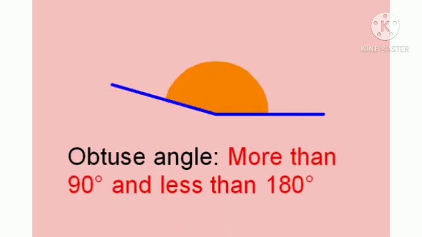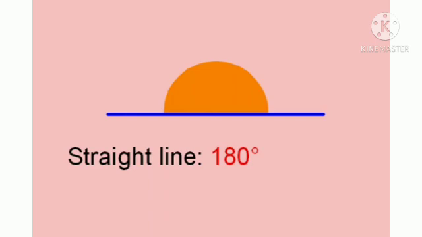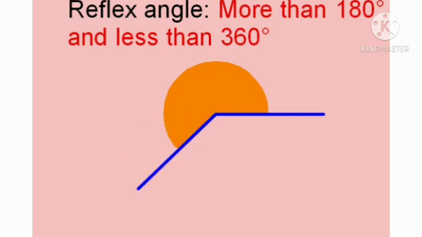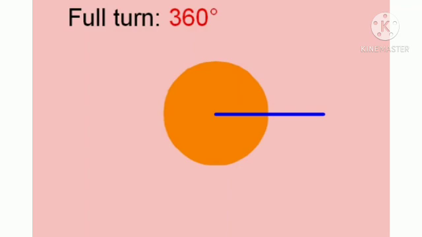Angles that are more than 90 degrees, but less than 180 degrees, are called obtuse angles. A straight line is exactly 180 degrees. Angles that are more than 180 degrees and less than 360 degrees are called reflex angles. A full turn is 360 degrees.